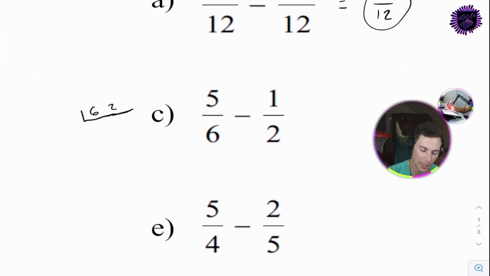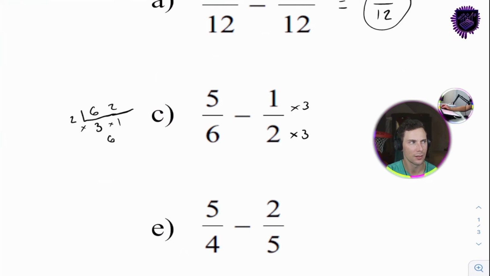That's great, but the ladder method is always there. 2 goes into both of these numbers, 3 times once, so 2 times 3 times 1 will equal 6. So how do I turn my 2 into 6? My other number already has a 6 as a denominator, so that's the lowest common multiple. I'm going to multiply by 3 on the numerator and the denominator.